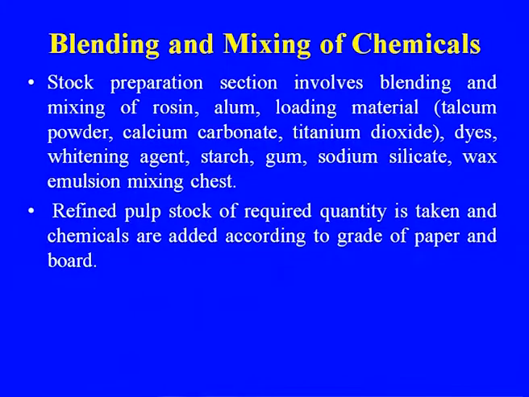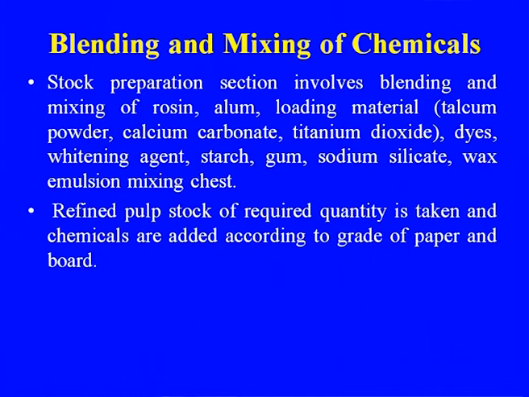Blending and mixing of chemicals is very important in stock preparation. The stock preparation section involves blending and mixing of rosin and alum, which is the sizing material. Although this is called acid sizing, now we are going for alkaline or neutral sizing.